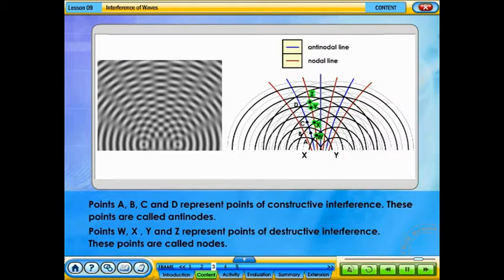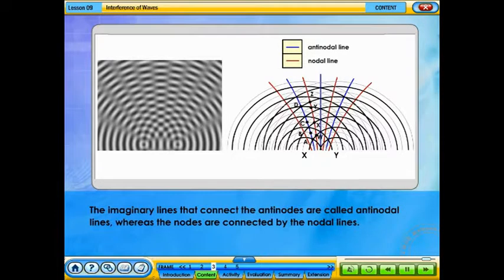Points W, X, Y, and Z represent points of destructive interference. These points are called nodes. The imaginary lines that connect the antinodes are called antinodal lines, whereas the nodes are connected by the nodal lines.